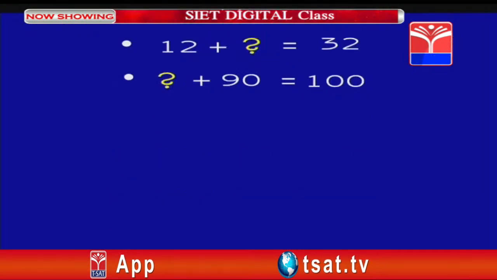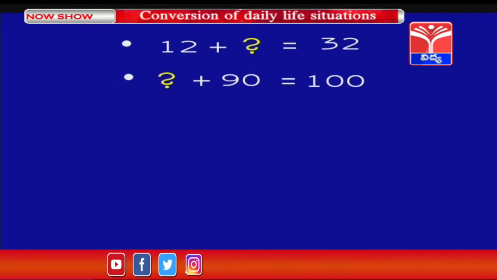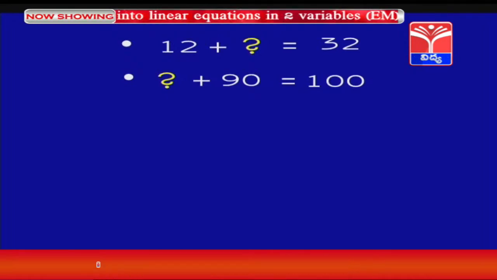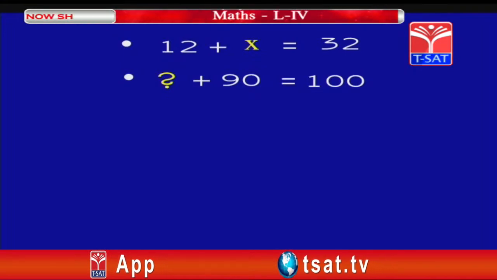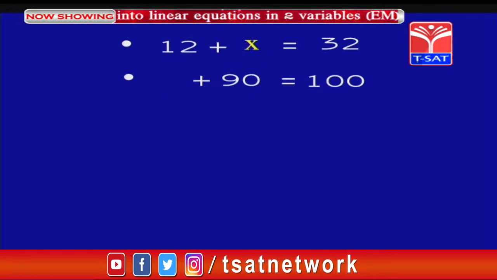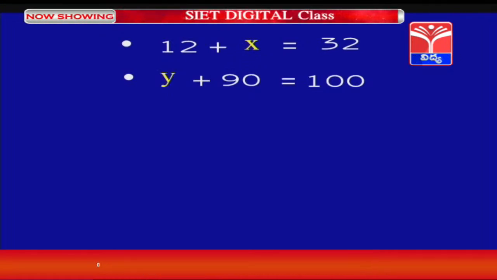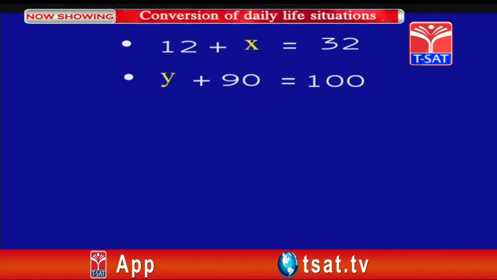Okay. In these two, for example, in the first one there is one unknown quantity. Instead of this unknown quantity, we will take a variable called x, then it becomes 12 plus x is equal to 32. Okay? And in the second one, instead of this unknown quantity, we will take a variable y, then the equation becomes y plus 90 is equal to 100.